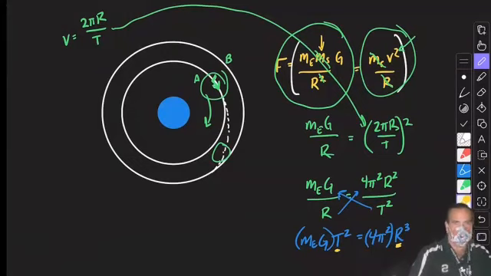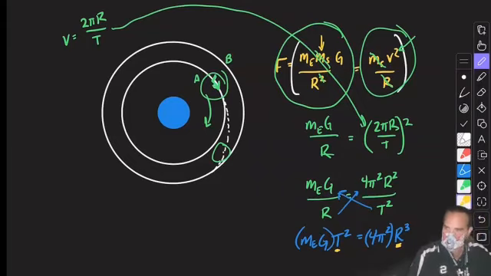So there's 3 things I think you should be able to connect together. If I go to a higher orbit, the force of gravity is less. We already said that. Your speed has to go down. But the circle you have to travel on gets bigger.